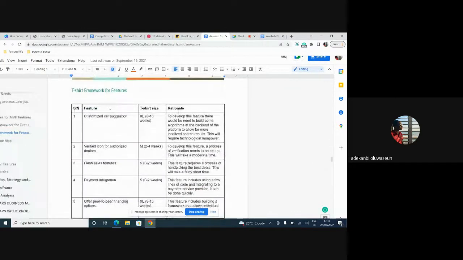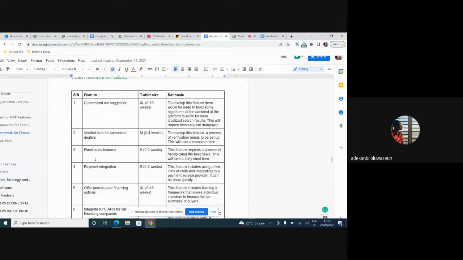Now look at this other one, which is called the T-shirt framework. The T-shirt framework by itself focuses on effort, so it prioritizes features based on effort. Now see what I did. I combined my features. Remember I told you these are the names of the features I want to build.